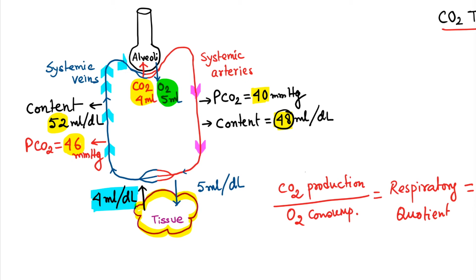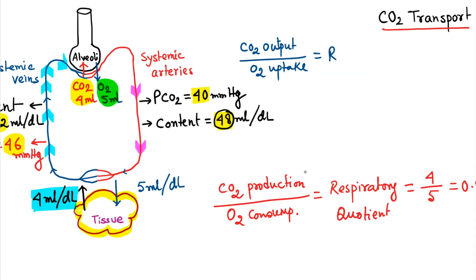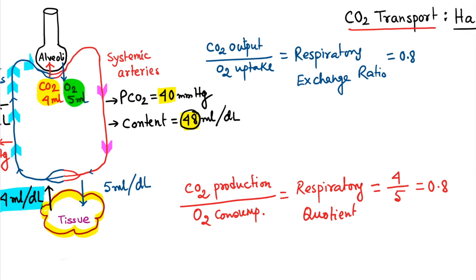So if I take a ratio here also, carbon dioxide output upon oxygen uptake, this ratio is known as respiratory exchange ratio. So this is respiratory exchange ratio, right? Obviously the respiratory exchange ratio will also be 0.8 under physiological condition.